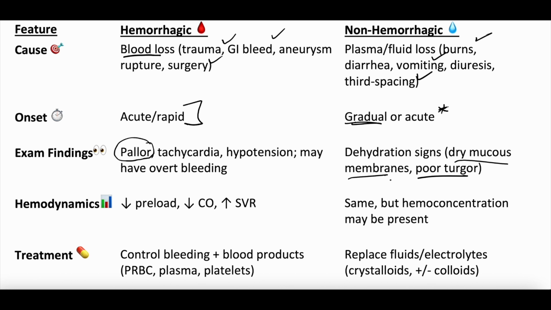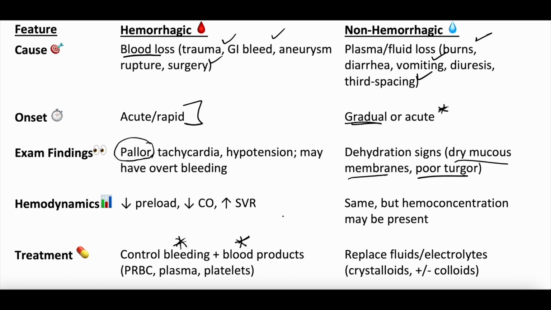It's kind of lagged because there's not enough fluid, poor skin turgor. Hemodynamics are the same: decreased preload, decreased cardiac output, increased heart rate, increased systemic vascular resistance. And then treatment for hemorrhagic: control that bleeding and give blood. You resuscitate hemorrhagic shock with blood. You're losing blood, you give blood back. Do not give these patients a bunch of fluids. That will not help you, right?